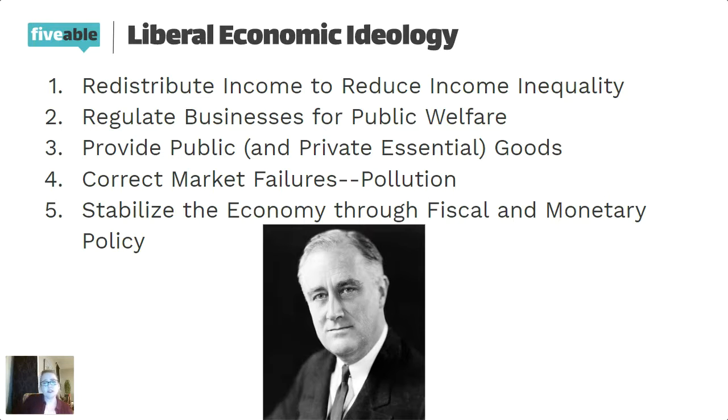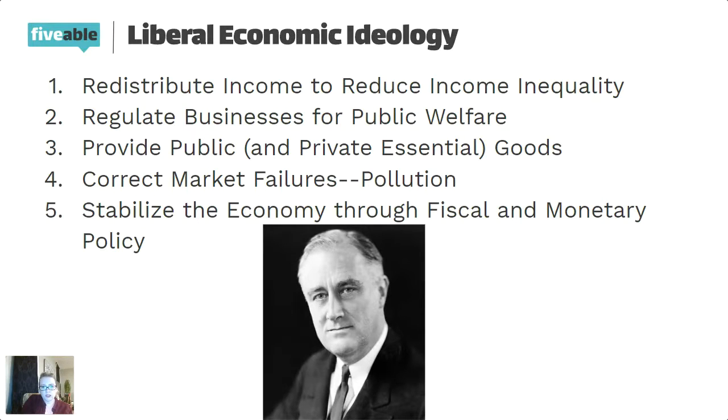But number 5 is the one that we're going to talk about the most tonight, and that is that the government should intervene to stabilize the economy through fiscal and monetary policy. So we see this a lot, okay? We saw it in the Great Recession that we had in 2007, 2008, but we also saw it in the Great Depression.